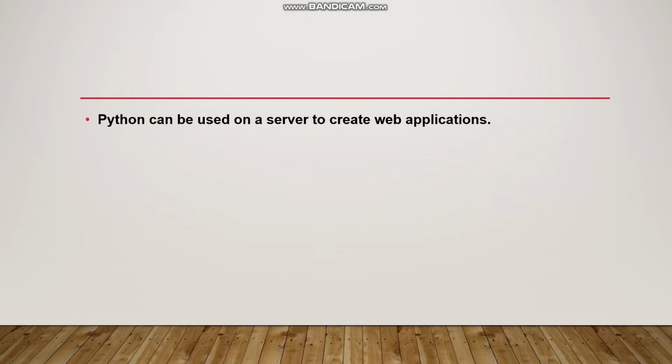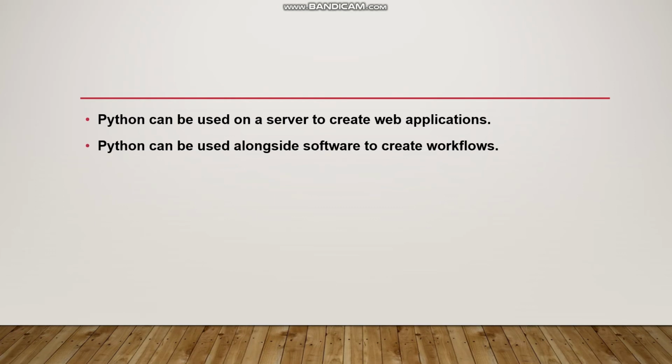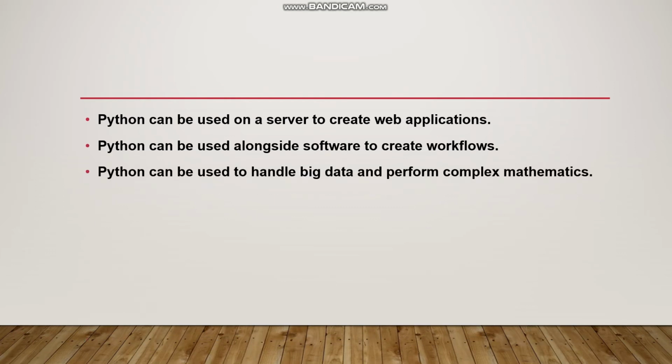When I talk about what Python is all about, what it can do: Python is basically a programming language, or you can say a procedural programming language, also an object oriented programming language. It can act as a server to create web applications. It can also create workflows. It can handle big data and perform complex mathematics.